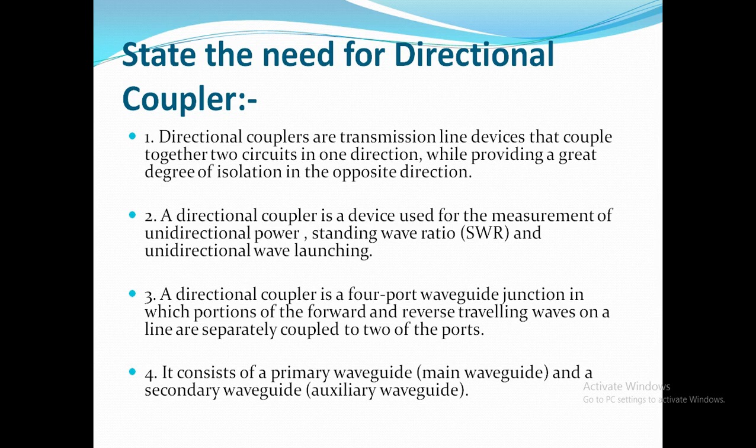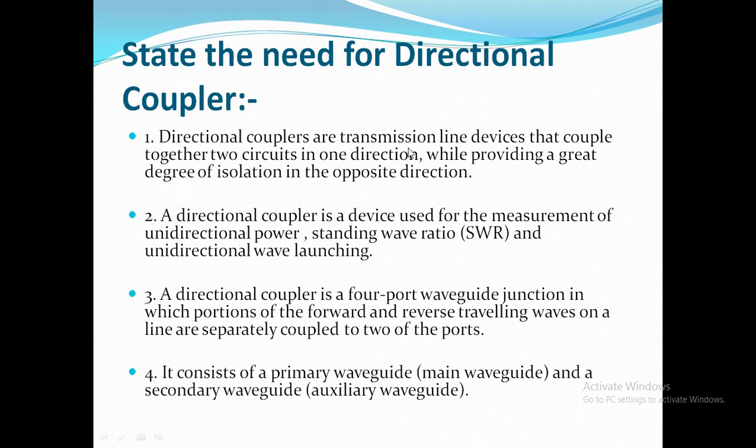The directivity is a measure of how well the forward traveling wave in the primary waveguide couples only to a specific port of the secondary waveguide. In order to determine these factors, the microwave signals must be fed to the secondary waveguide while traveling through the primary. In this regard, a directional coupler is used.